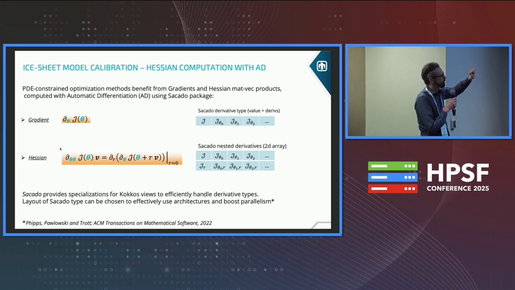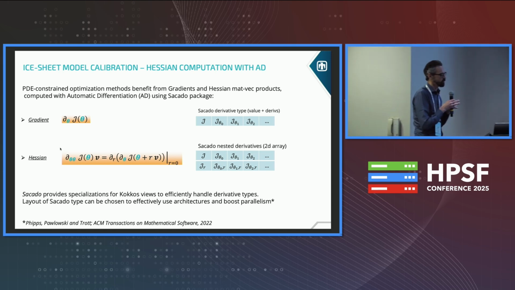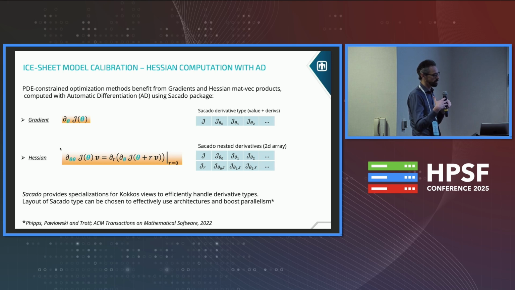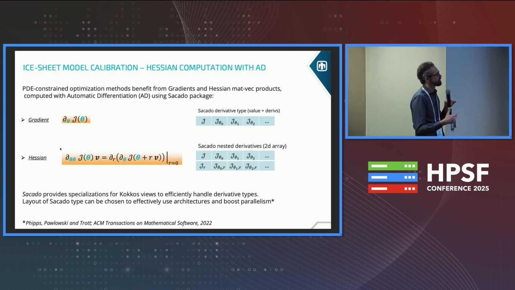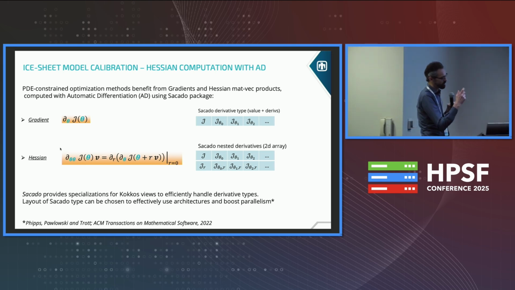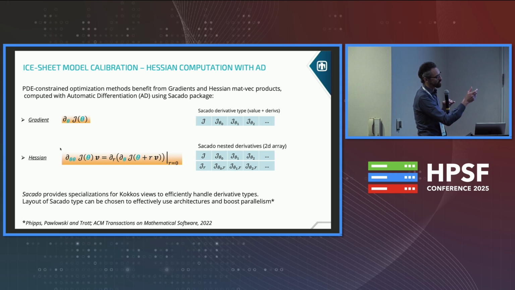Essentially, Sacado implements this automatic differentiation with an operator overloading strategy. So for every variable you have, it doesn't only store the value of your variable, but also the derivative of that variable with respect to the parameters.